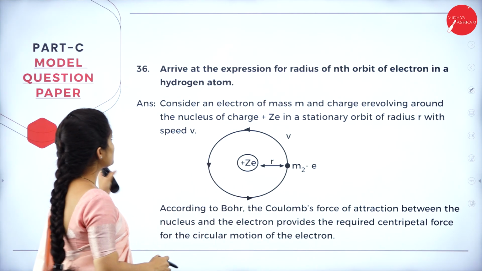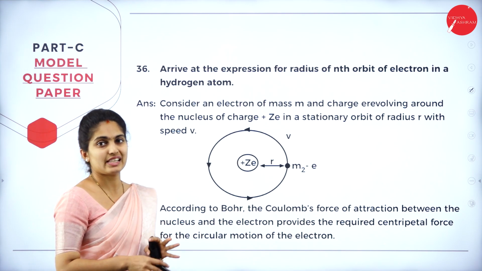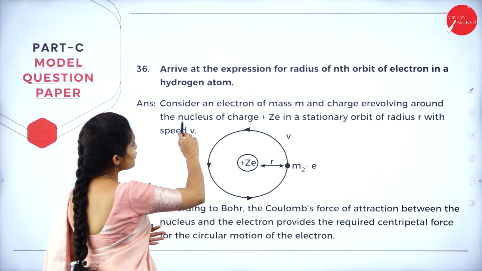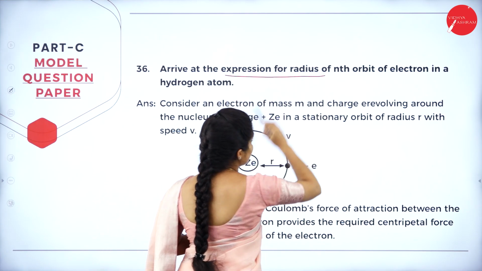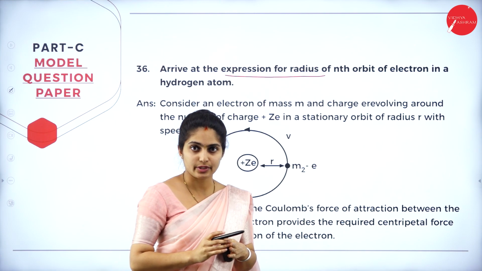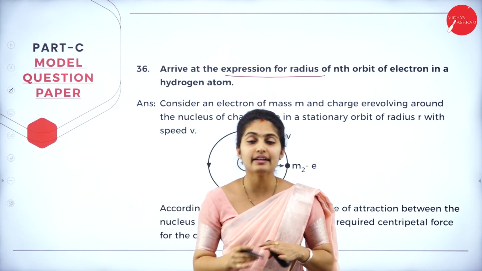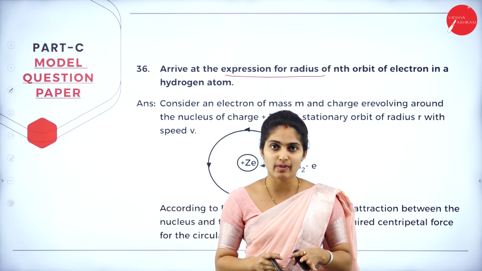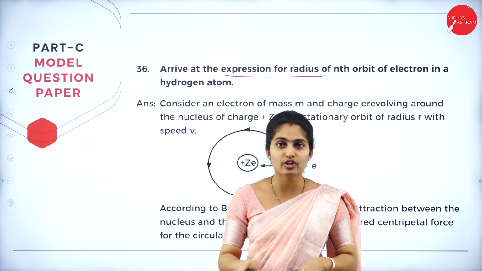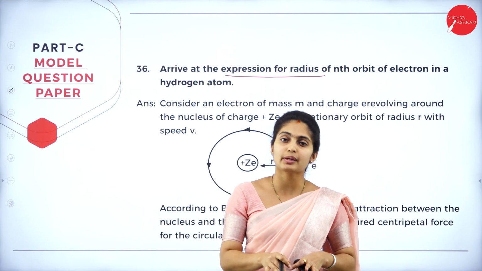Next we are going on to the 36th question of the same part C, that is a 3-marker question itself. We will have to arrive at the expression for the radius of nth orbit of electron in a hydrogen atom. These many days you had the atoms chapter for 5 marks in part D, but now the 5-marker has gone, so you will get it only in the 3-marker question.